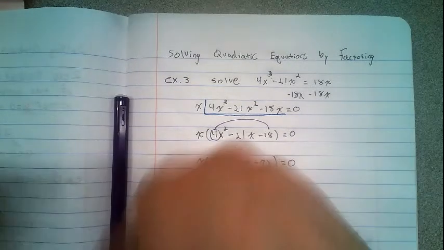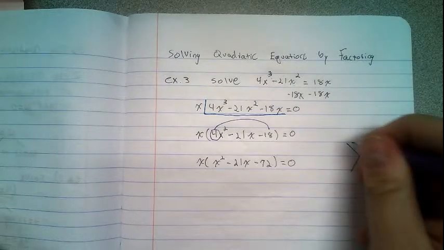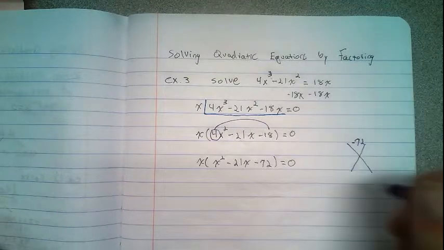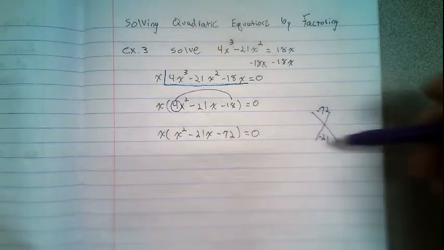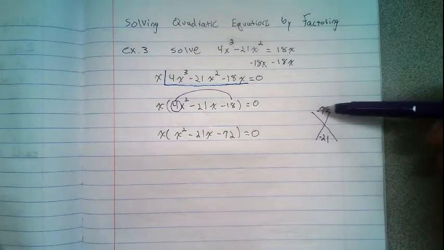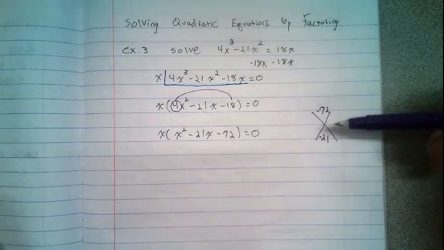And I'm using my x puzzle to find factors of negative 72 whose difference is negative 21. So let's think. Numbers that multiply to negative 72 have a difference of 21.